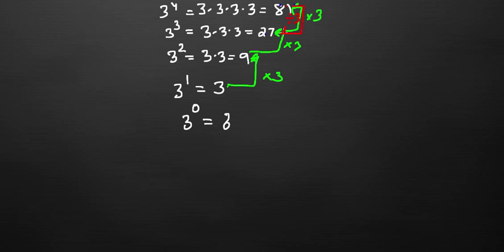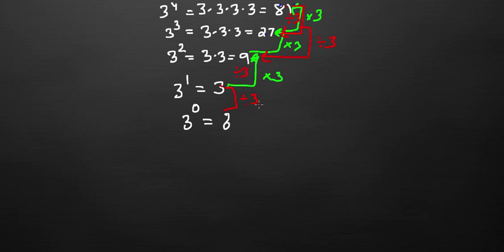And again, to go from 27 to 9, you're dividing 27 by 3. To go from 9 to 3, again you are dividing by 3. And by this sequence, to go from 3 to this other number, you're gonna be dividing by 3.